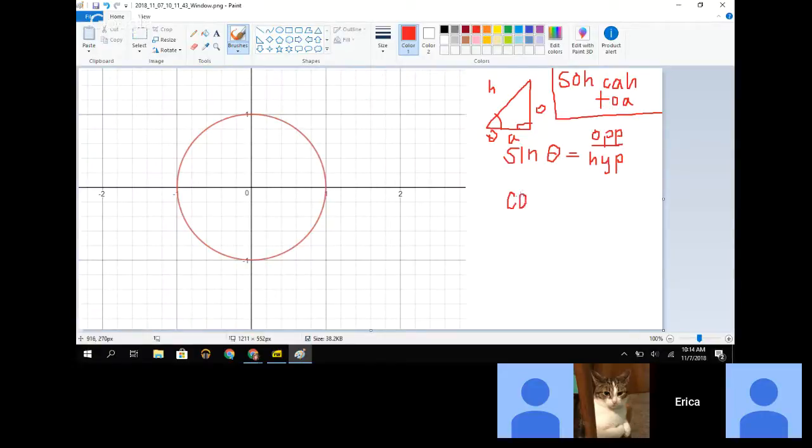What is the cosine of theta? The cosine of theta is the adjacent over the hypotenuse. And the tangent of theta is the opposite over the adjacent.